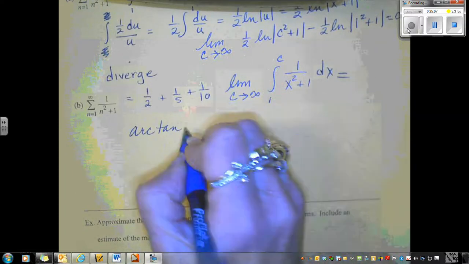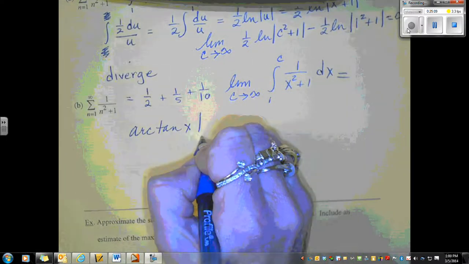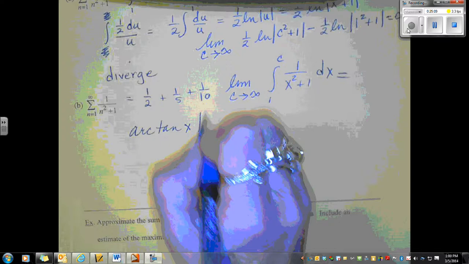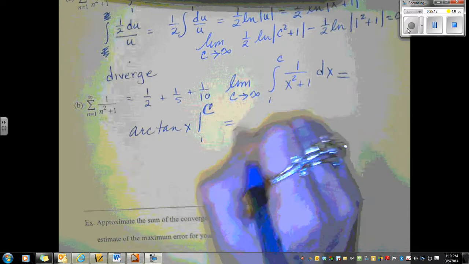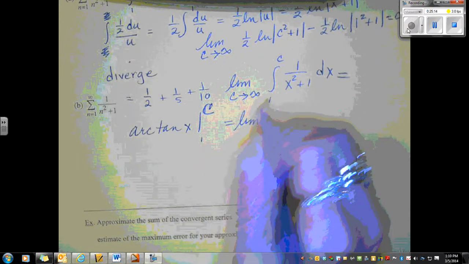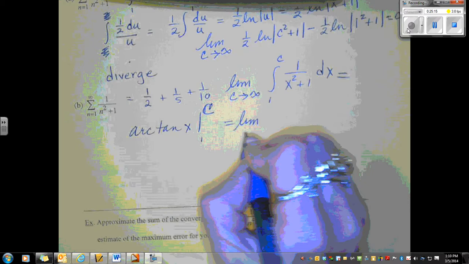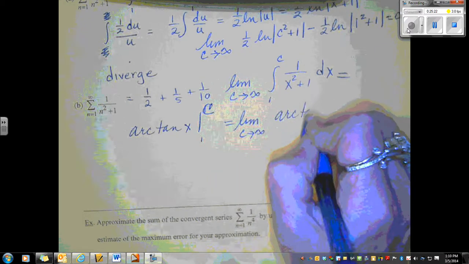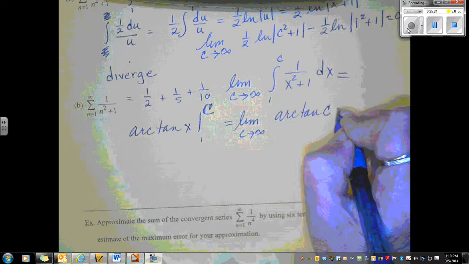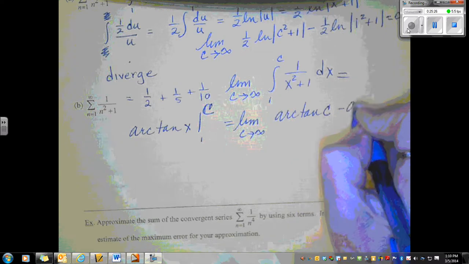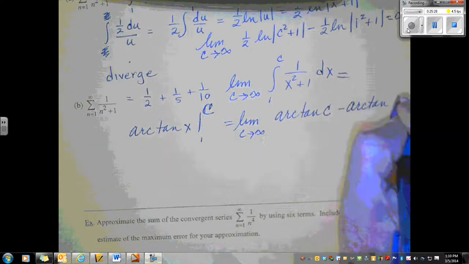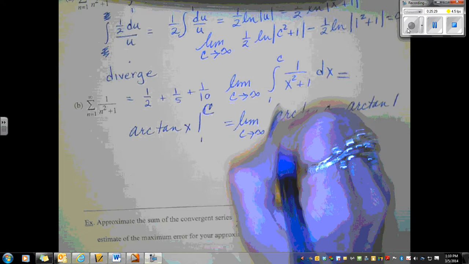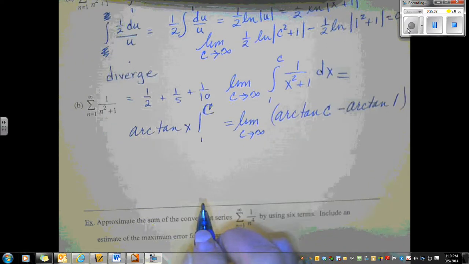Arctan, and we're going to go from 1 to c, and we're going to do a limit on this, right? So we have the limit as c goes to infinity of arctan of c minus arctan of 1. Okay.